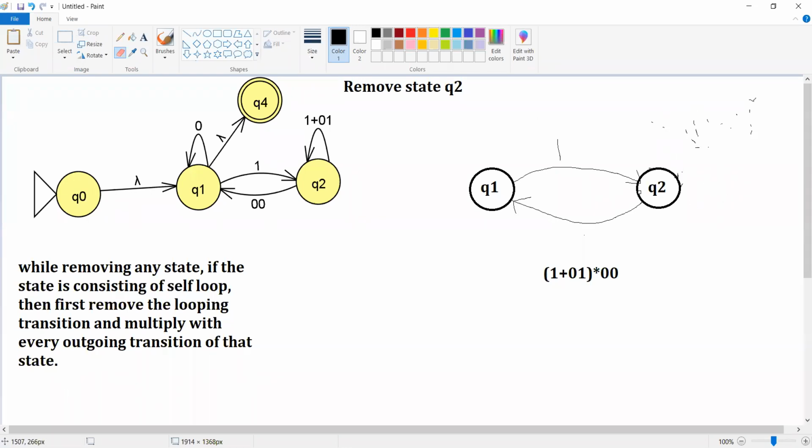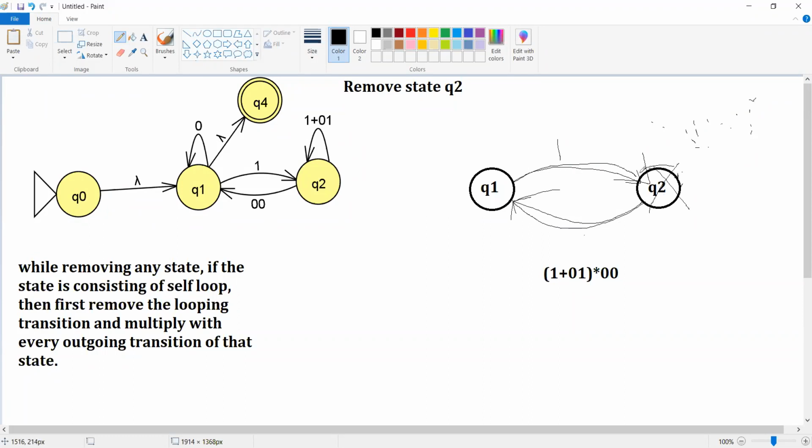Now have a look at this state Q2, which I want to remove. It has one incoming transition with a weight of 1, and one outgoing transition. Earlier we had a transition from Q1 to Q2 and Q2 to Q1.